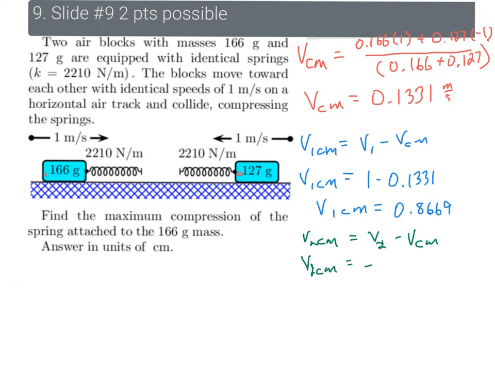It's going to be -1 minus 0.1331. So v2 cm would be equal to -1.1331.